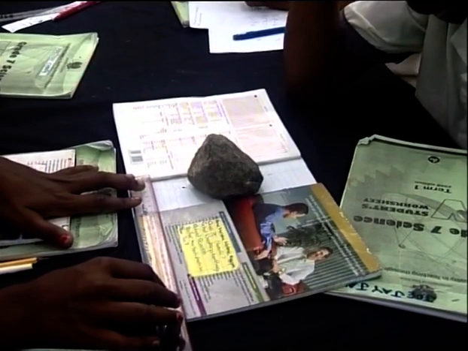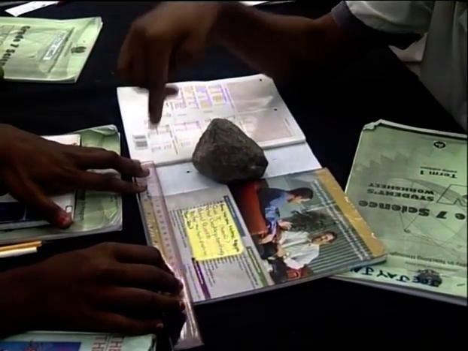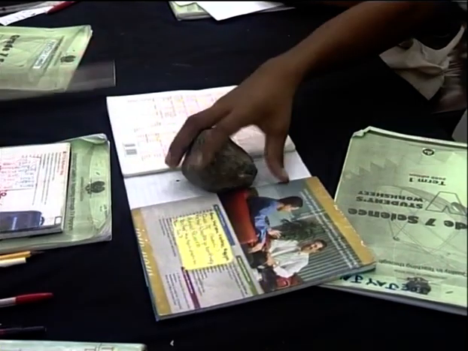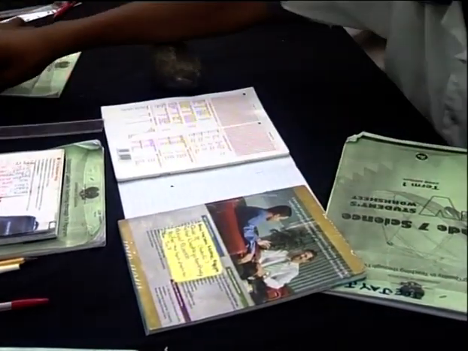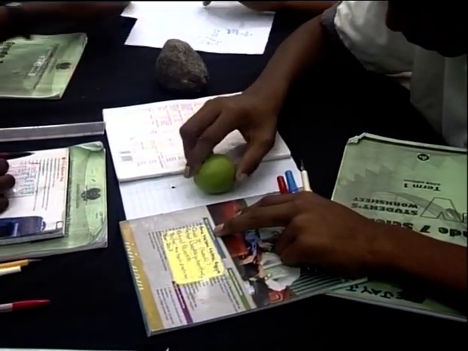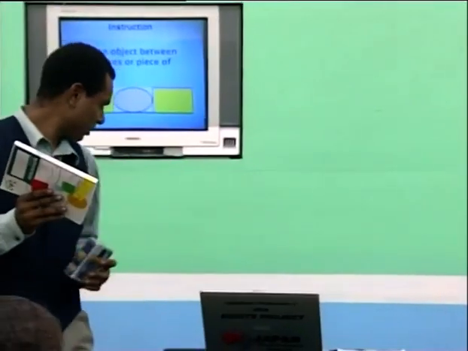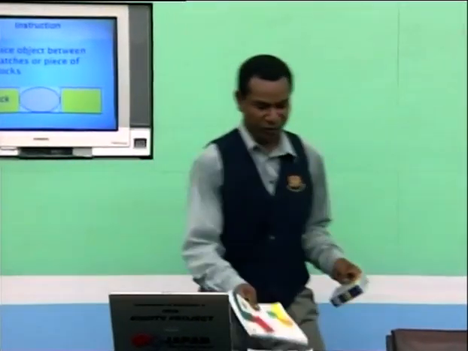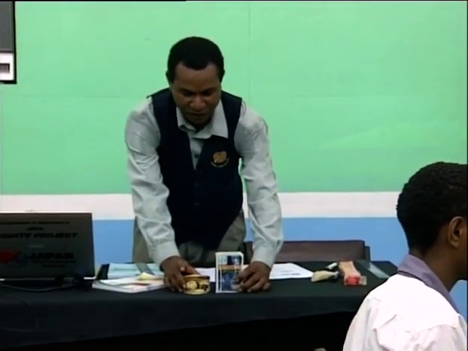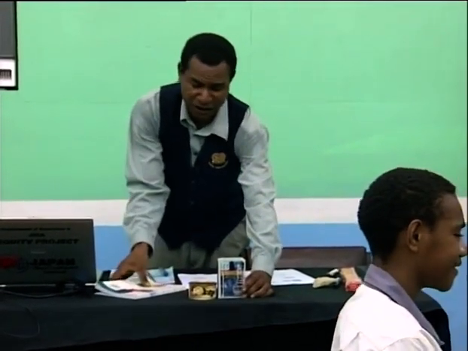Can I have your attention for a moment? If you are using the blocks or the books, you need to find the right angle. You need to find the angle like this.